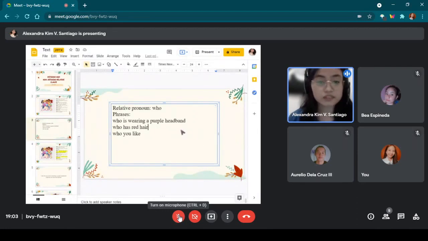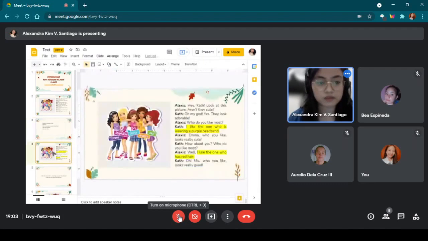Now, let's focus on these two phrases. Let's look again at the dialogue and focus on how these two phrases were used. Here's the dialogue. As you can see, after Kat said the line, I like the one who is wearing a purple headband, Alexis was able to understand that the one she was referring to was Emma.